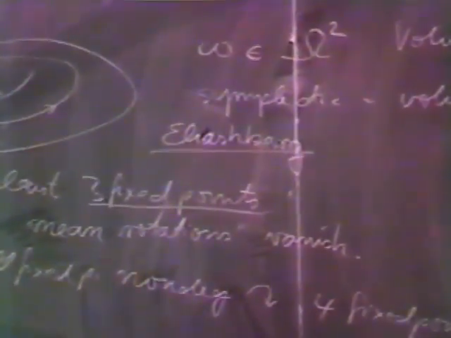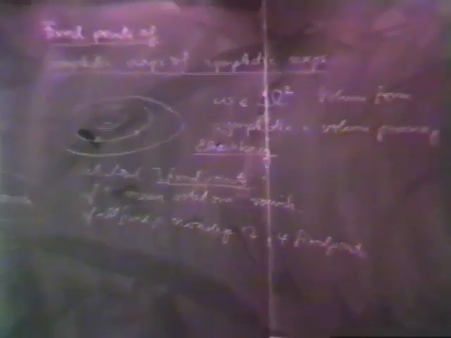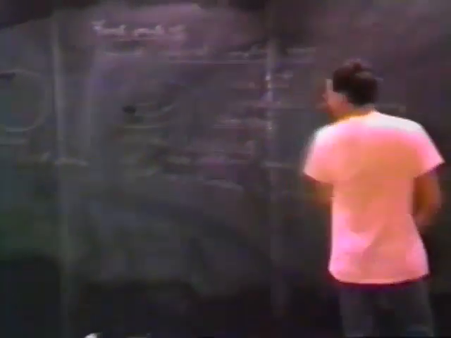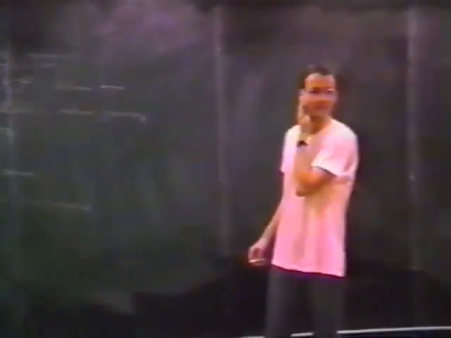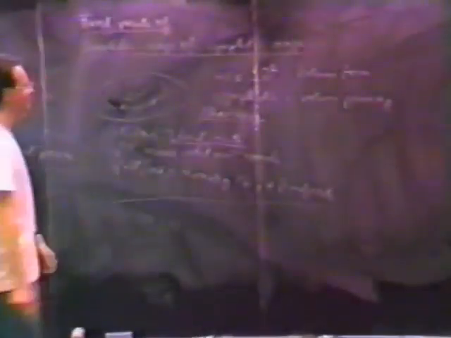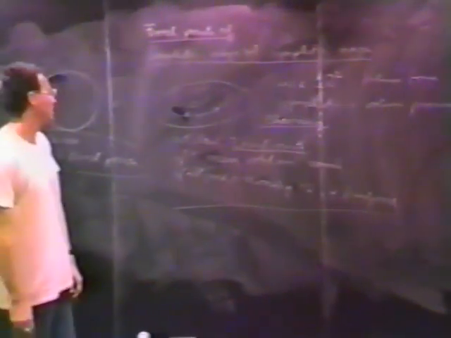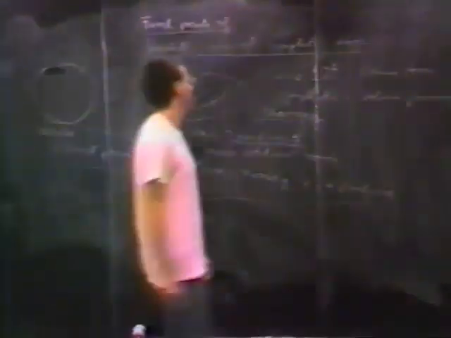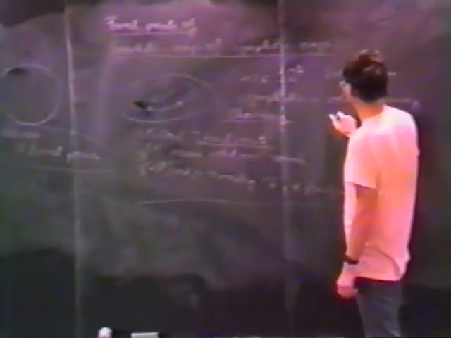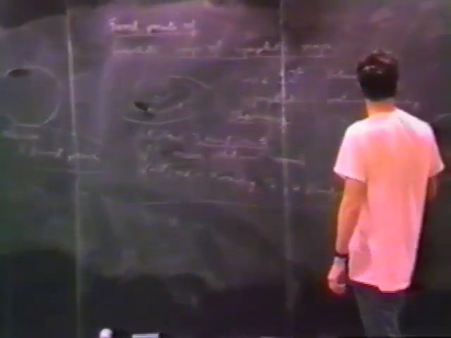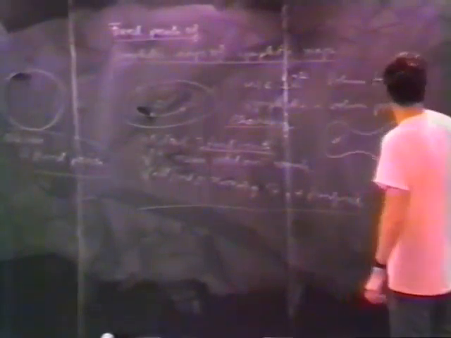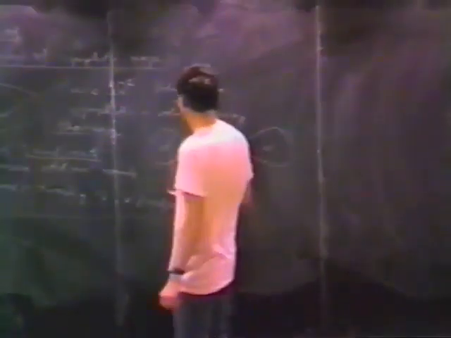But a lot of people did not understand the proof, let's put it this way. The proof was to the effect that for the torus there are 3 fixed points, and 4 fixed points if they're non-degenerate, and in general for any surface there are always as many fixed points as a function would have critical points.